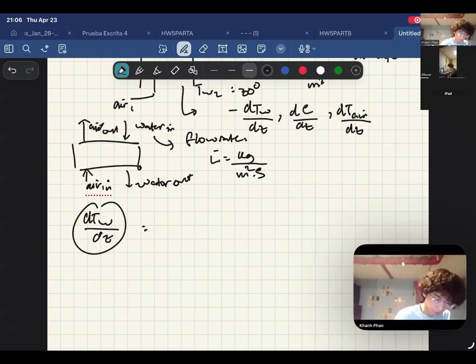First, on the left side, we're going to have the change in enthalpy of water.